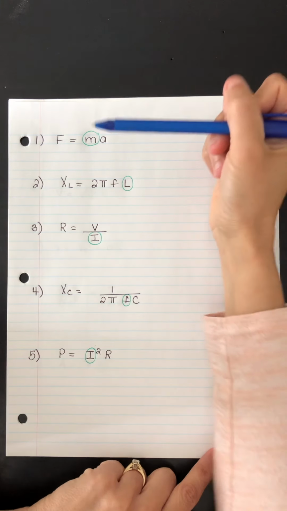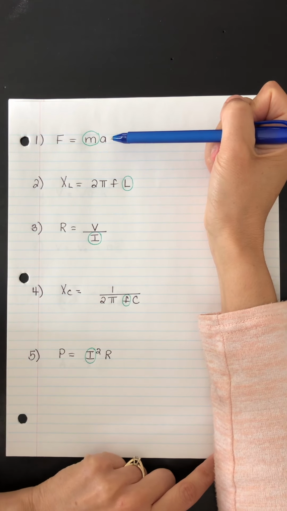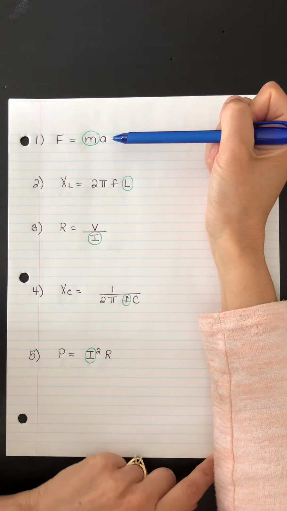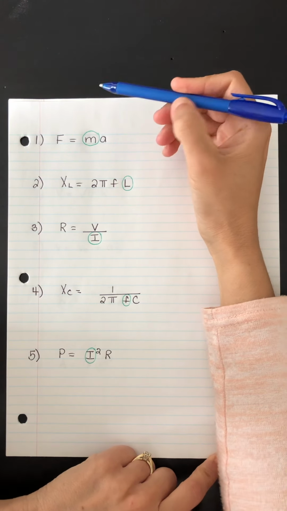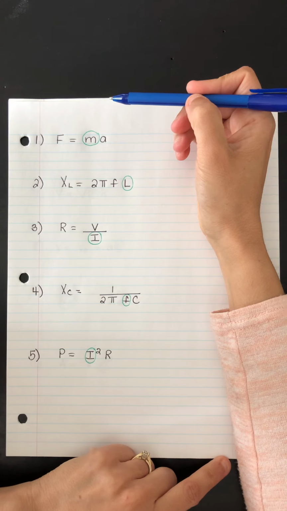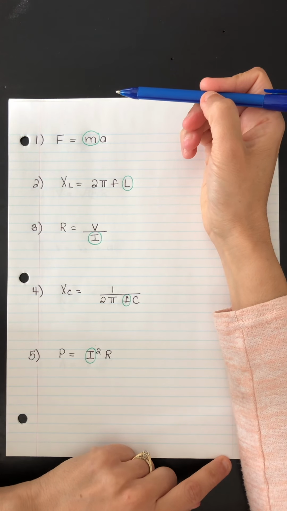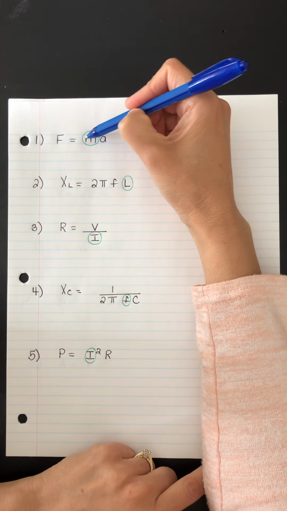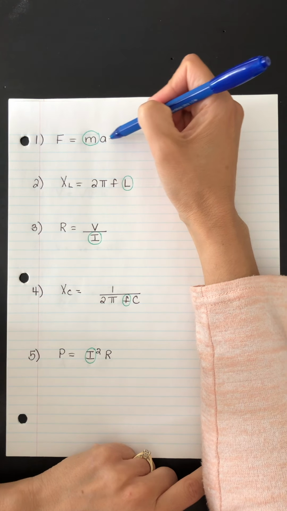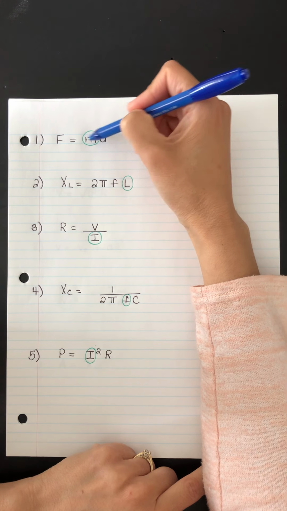Okay, in our first question, we're given the following. Force equals mass times acceleration, and we're solving for mass. We remember that we always perform the opposite operation. So if we want to isolate mass, we realize that right here we have multiplication.